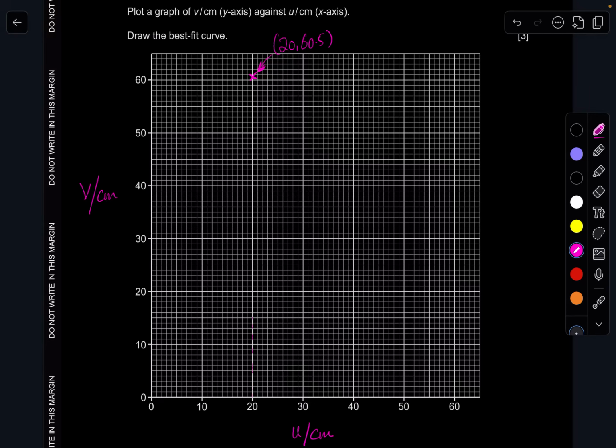Okay, the next one is 25 and 37.2. So where is 25? This is 20, this is 30, this will be the 25. Okay, this is 25, and on the y-axis 37.2. This is 35, 36, 37, 37.2. It will be somewhere at this point.